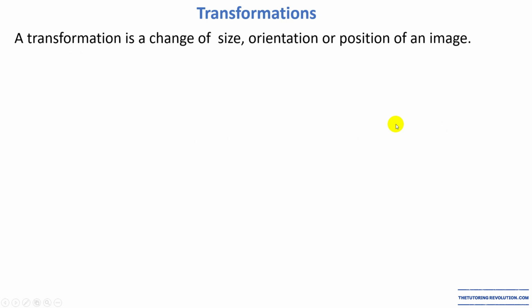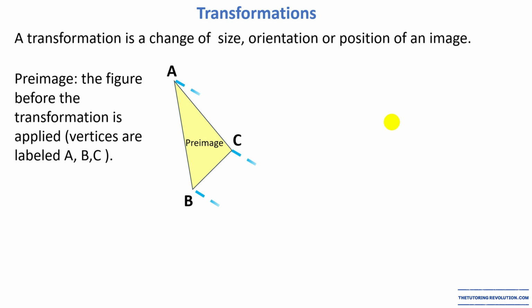A transformation is a change of size, orientation, or position of an image. For example, here we have a triangle ABC. That will be our pre-image, which is the figure before the transformation. In this example, we will translate that triangle into a different position.